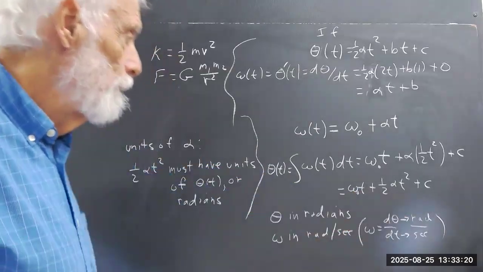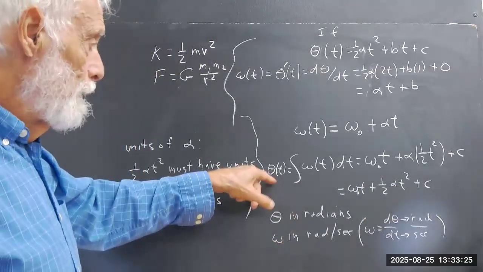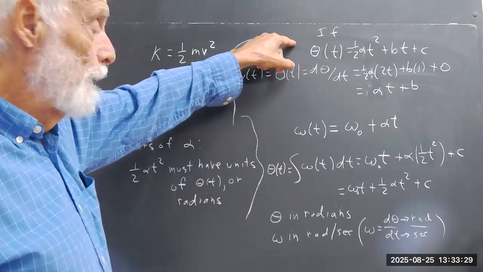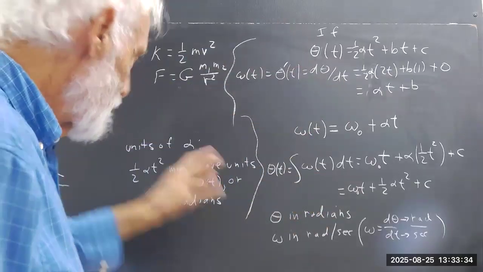Here we have three terms, all of which have to have units of radians, because this is a derivative of this. This, therefore, is an antiderivative of this, which is equal to that.